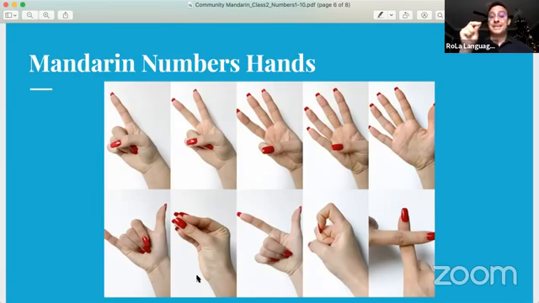Okay, qi for 7, ba for 8, jiu, jiu for 9. Hear the difference? And then this one is the one that I learned, shi, 10, and you do this, okay? So 1, 2, 3, 4, 5, 6, 7, 8, 9, 10.